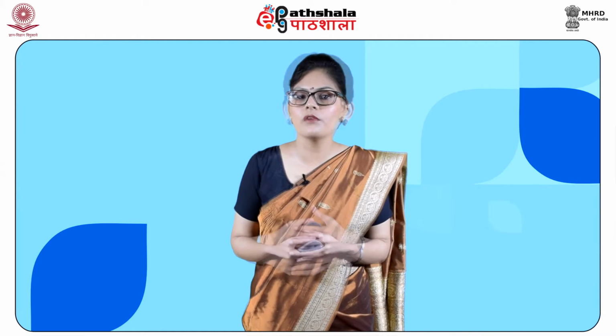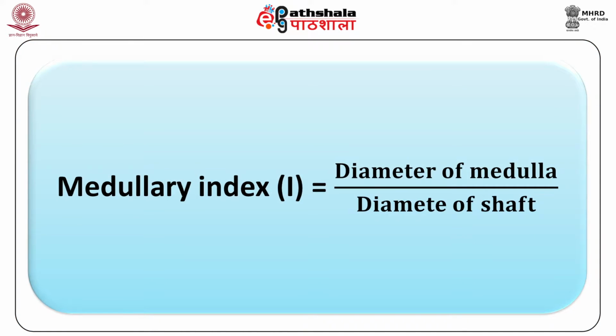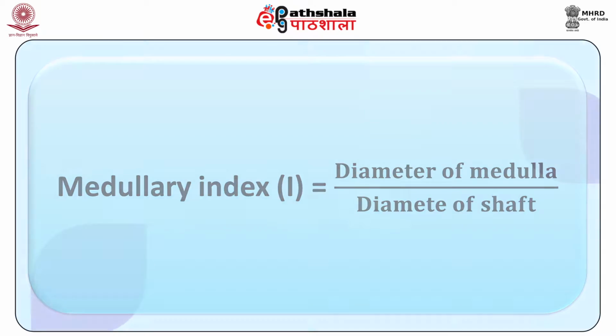Estimation of the width of the medulla in hair is done by calculating the medullary index. It is the ratio of the diameter of the medulla to the diameter of the shaft and is represented by capital I. For example, the medullary index of human hair is 1/3. It is not necessary that all human hair will contain medulla.